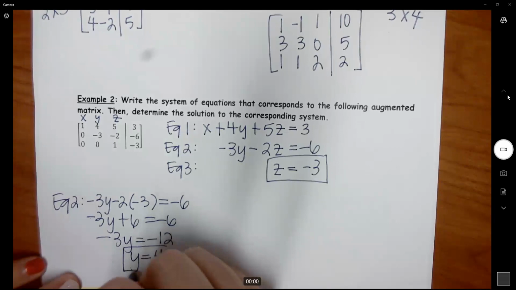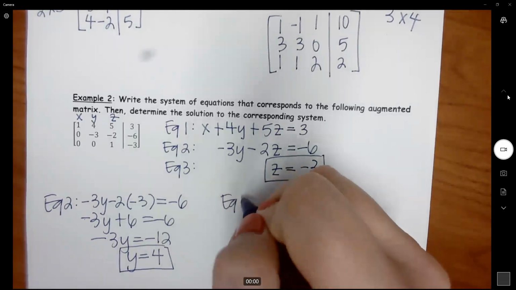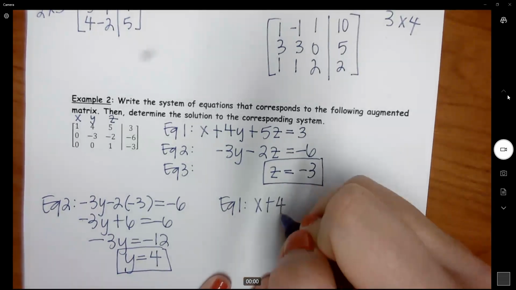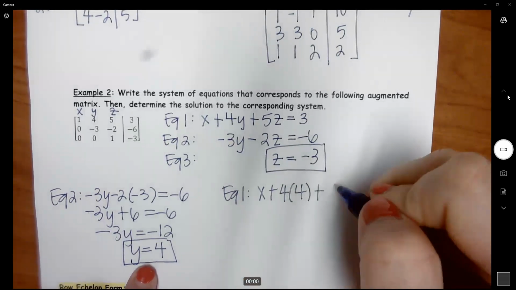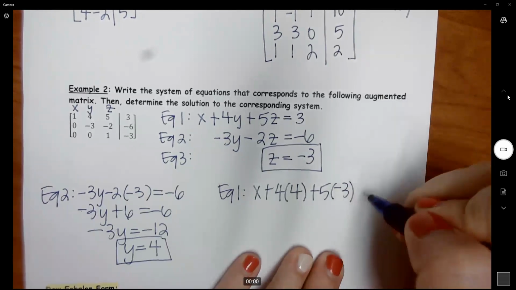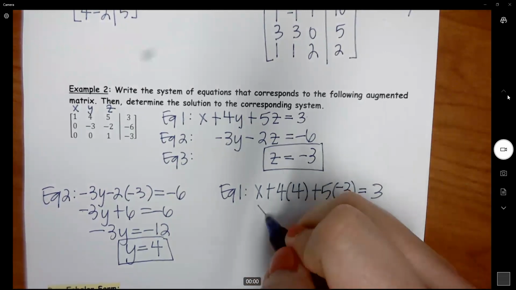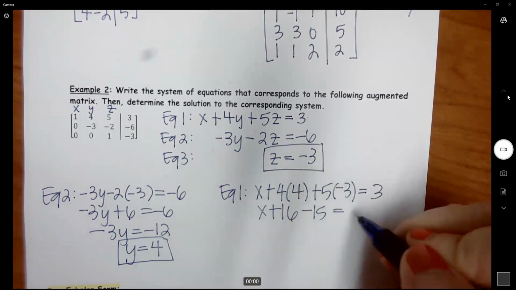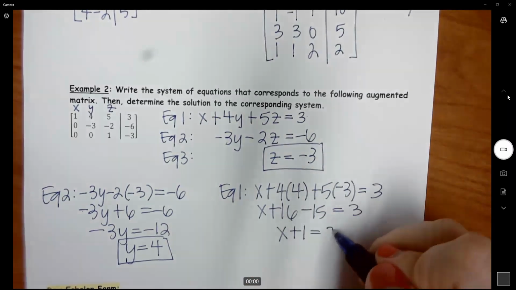So there's another one. And now let's go to equation 1, so I can get X. So I've got X plus 4 times Y, which is 4, plus 5 times Z, which is still -3, and that equals 3. So we're going to have X plus 16 minus 15 equals 3. So X plus 1 equals 3.